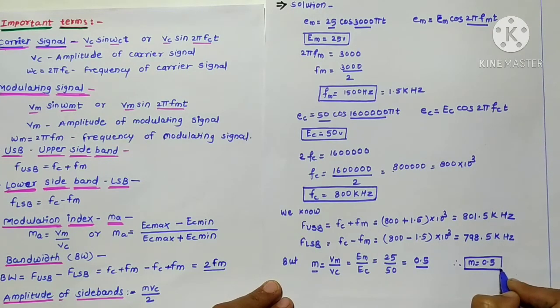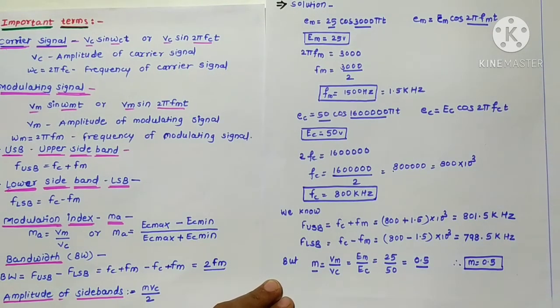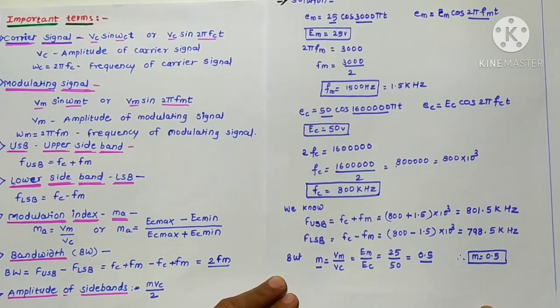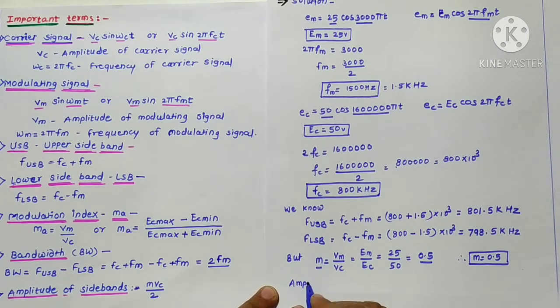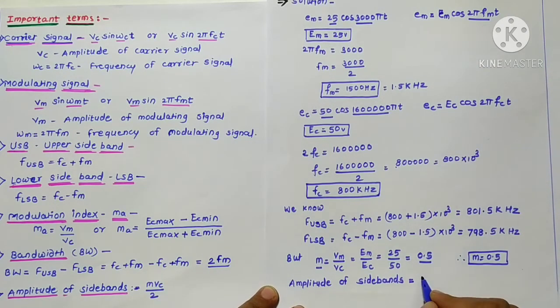Okay. Now we have to find out the amplitude of sidebands. The amplitude of sidebands is equal to M Ec by 2.